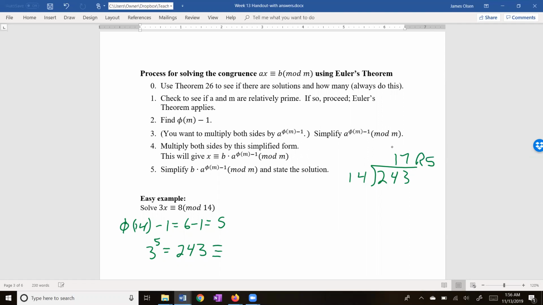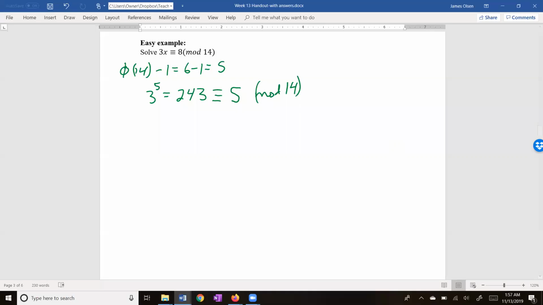So 243 is congruent to 5 mod 14. This is the multiplicative inverse. So I'm going to multiply both sides by 5. Multiplying on the left by 5 and multiplying on the right by 5.